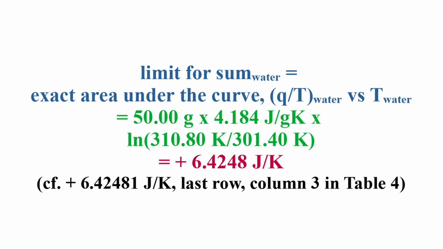In the case of water, it is positive 6.4248 joules per Kelvin. This is the same value for del T of water equal to plus 0.000430 Kelvin in the last row of column 3 in table 4.